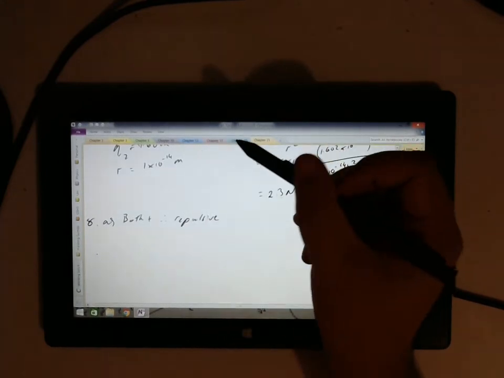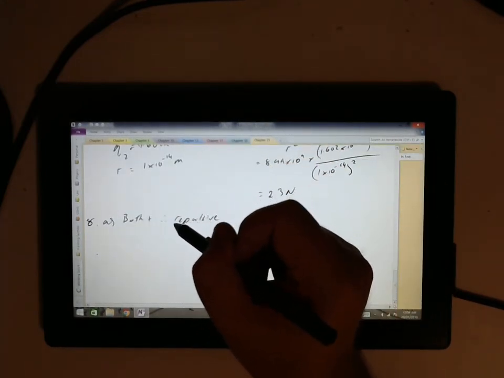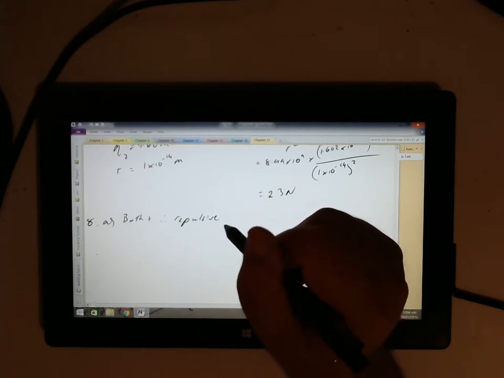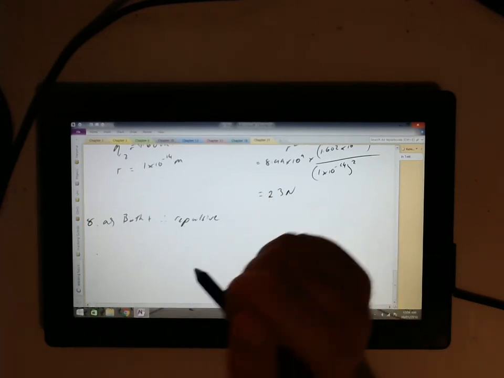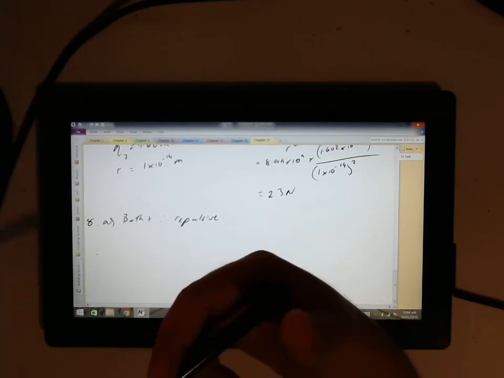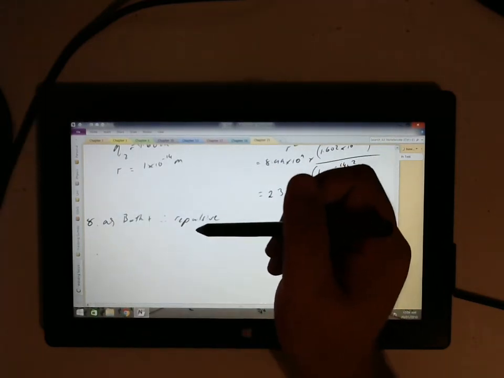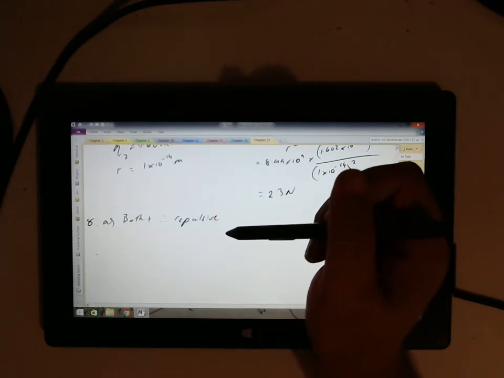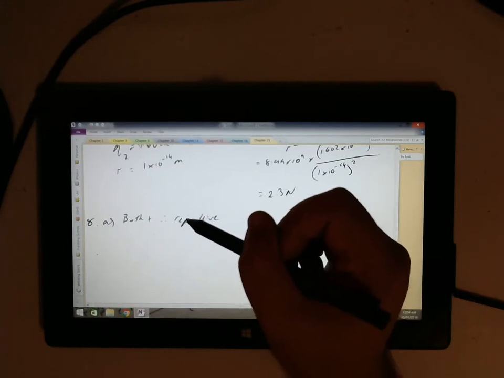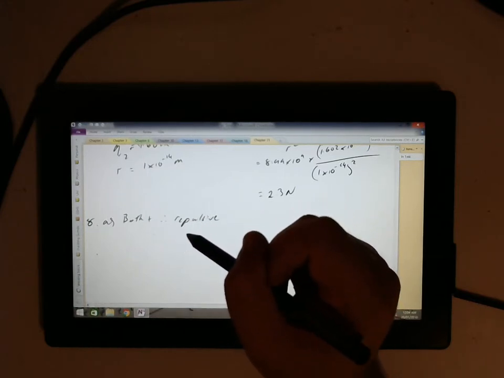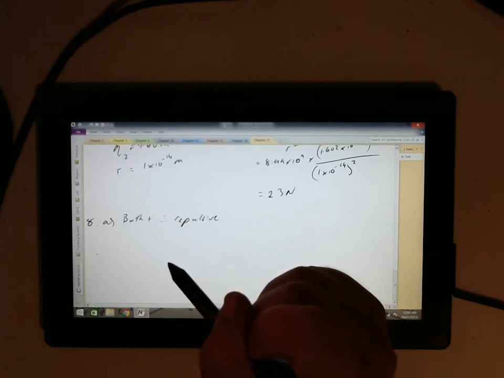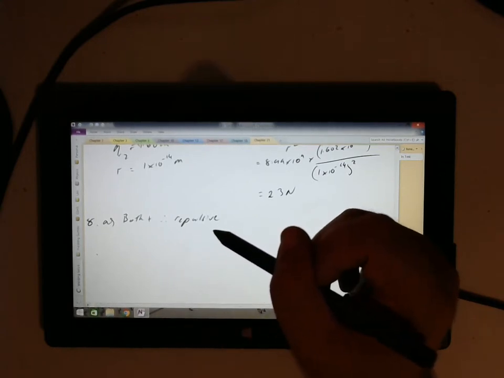Okay, nice and straightforward. Remember, when you're answering these sort of questions on exams, you don't need to write big long sentences. If this was a C standard type question, these 4 words would get you a C. You could write 2 sentences saying something like, because both the charges are positively charged, even though we don't know the size, the force between them will be repulsive as same signed charges repel.